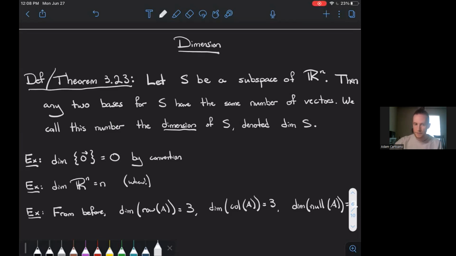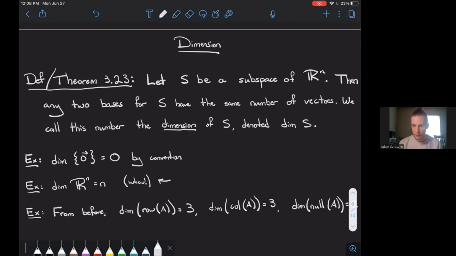So if you take the set containing just the zero vector, which corresponds to just the origin, we define the dimension of that to be 0. Strange.